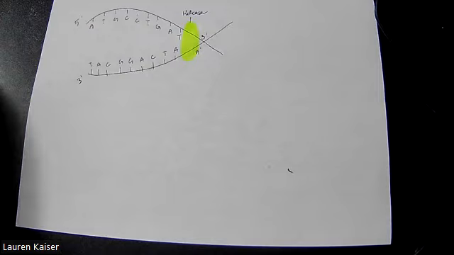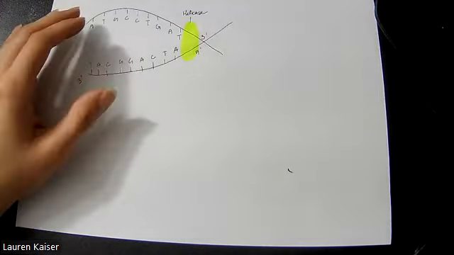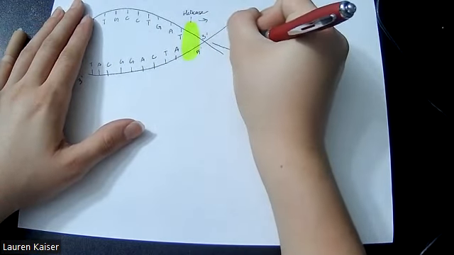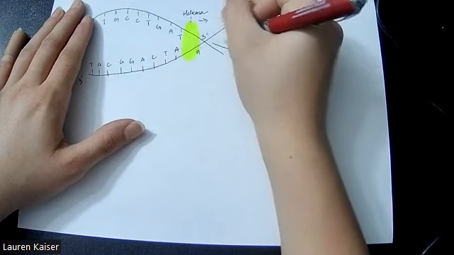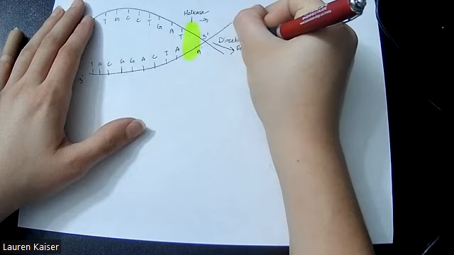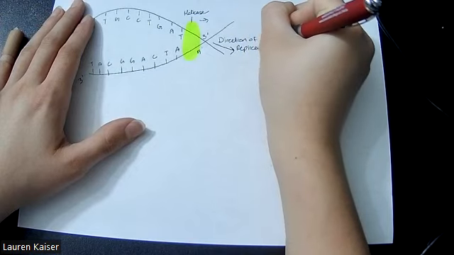Our friend helicase is going to help us unwind so that we can get to work. It's important to keep in mind that helicase is going to move in this direction, and so is our direction of replication.